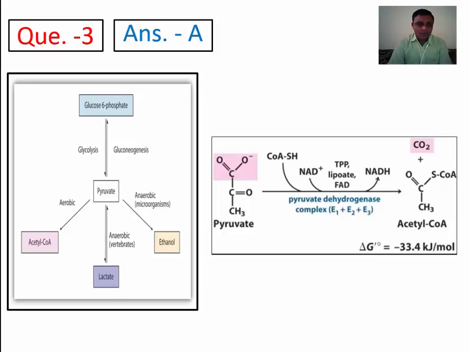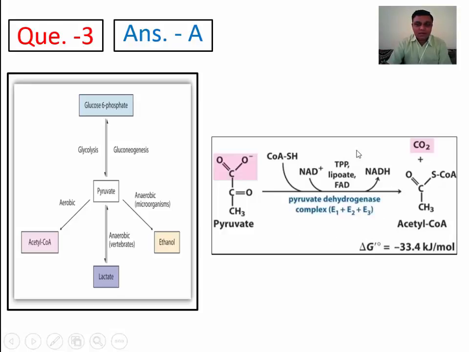So normally, in aerobic conditions, the pyruvate will be converted to acetyl-CoA, and the enzyme required for the conversion of pyruvate to acetyl-CoA is the pyruvate dehydrogenase complex. This pyruvate dehydrogenase complex is composed of three enzymes and coenzymes, in which a vitamin may serve as a coenzyme.